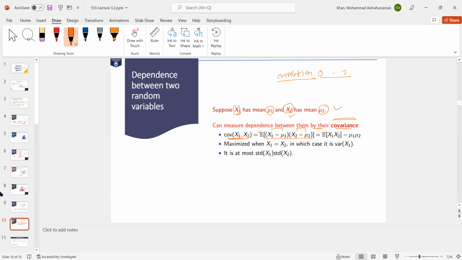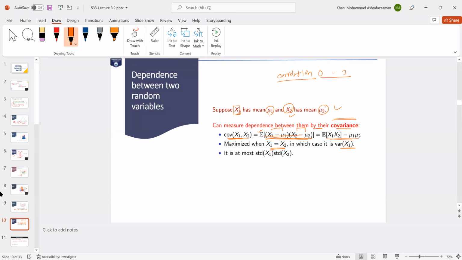But we can also formulate this equation to interpret them in an easier way, like this. So they'll give the same values. Now, this value is maximized when x1 equals x2. That means when it converges to variance.